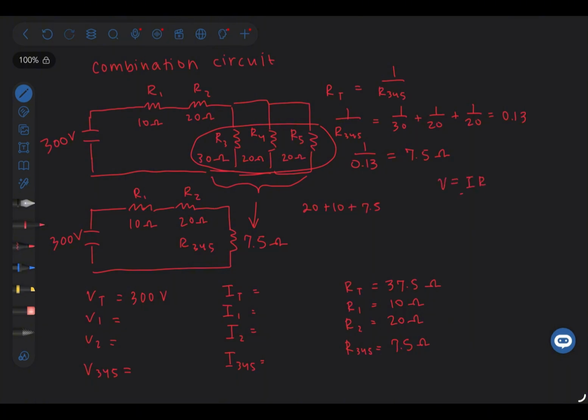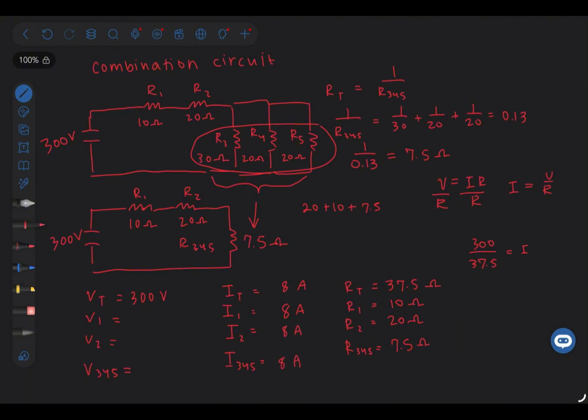We're looking for I, so we're going to divide by R. I is equal to V over R. So in order to find the total, we're going to do V divided by R. So we're going to do 300 divided by 37.5 to get I. So we should get 8 amps. And since the current is the same throughout, each one is going to be 8 amps.